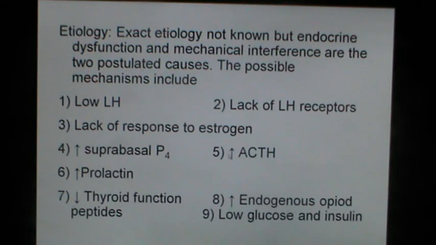Then increased adrenocorticotropic hormone, increased prolactin, and decreased thyroid function. Then another possible etiology is the endogenous opioid peptides and low glucose and insulin.